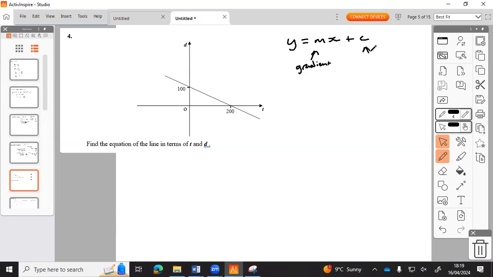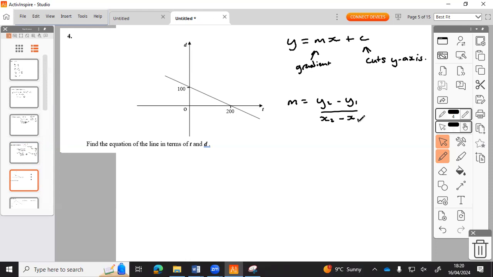C is where it cuts the y-axis. Now the gradient you're finding, okay with that equation? You need to know that, you need to know where that comes from.